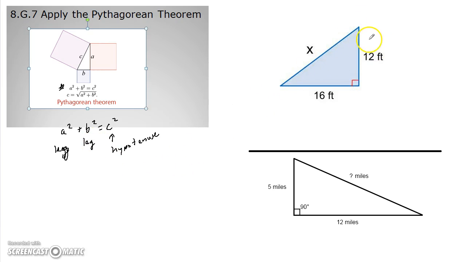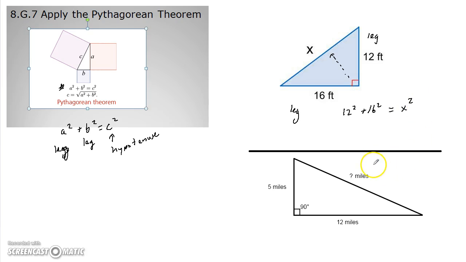So what you do is take the two shortest sides and square them: 12 squared plus 16 squared. The side opposite the 90 degrees is the hypotenuse, and that equals c in our equation, but now it's x squared.